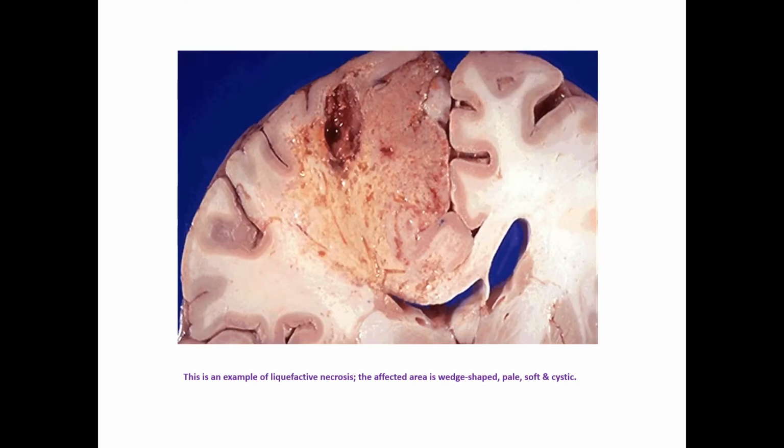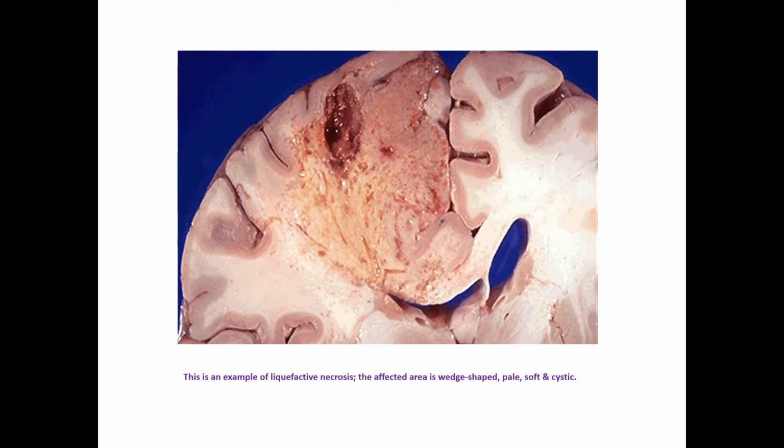This is the gross appearance of a section taken from the brain, which represents a liquefactive necrosis. Here the affected area is wedge shaped. You will see this triangle, pale, soft, and cystic.